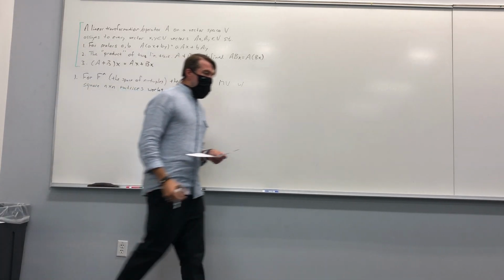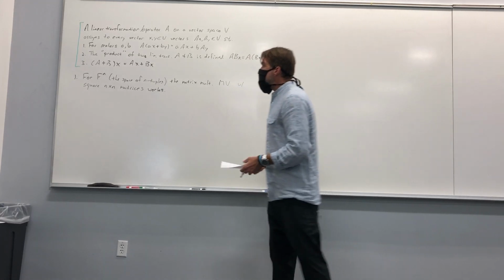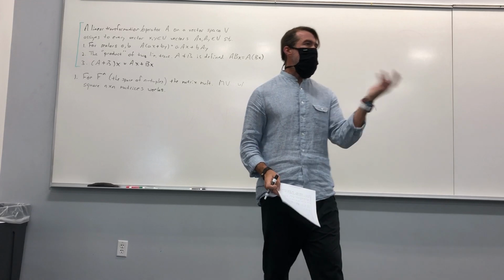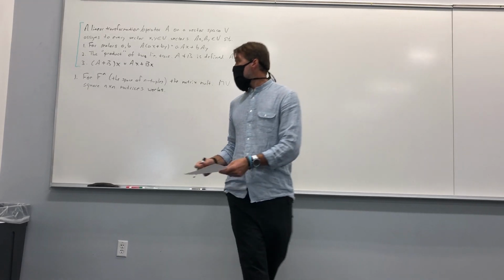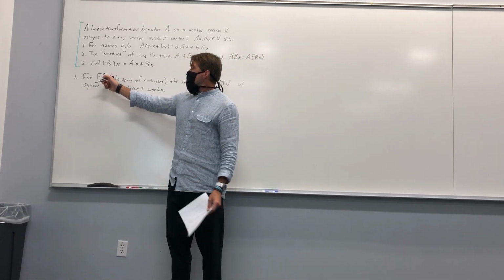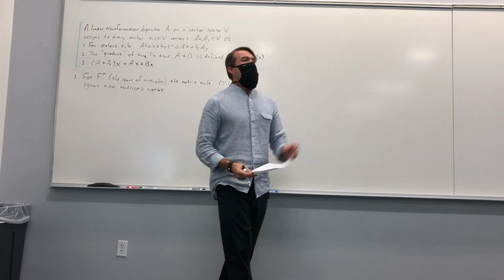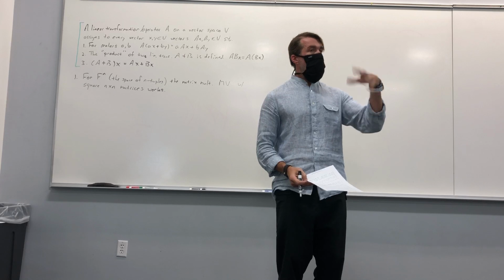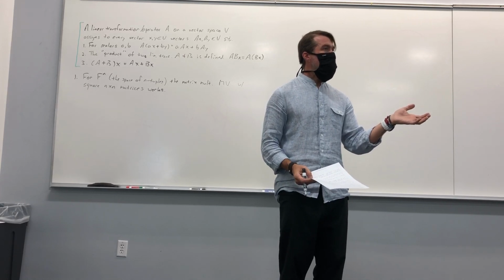Okay? So if I'm working in an n-tuple space over the field F, and largely this is either going to be R^n or C^n, real or complex, but nonetheless, if I'm working over an n-tuple space, then matrices, which are n by n, represent linear transformations. Okay?